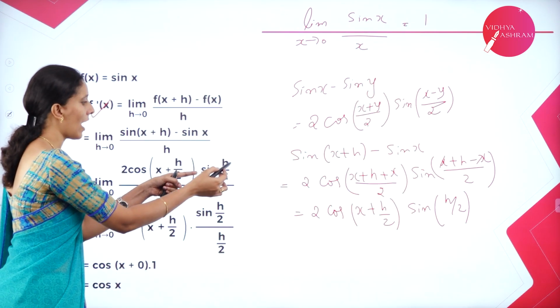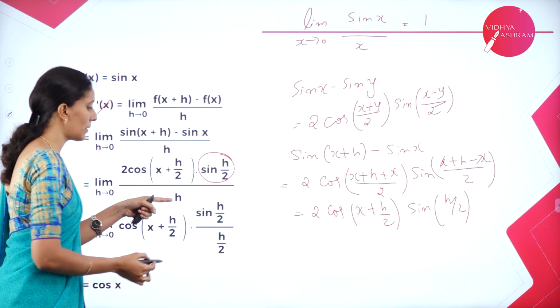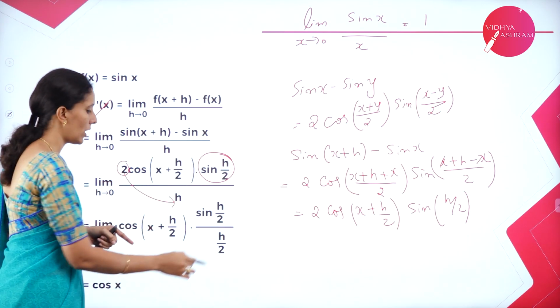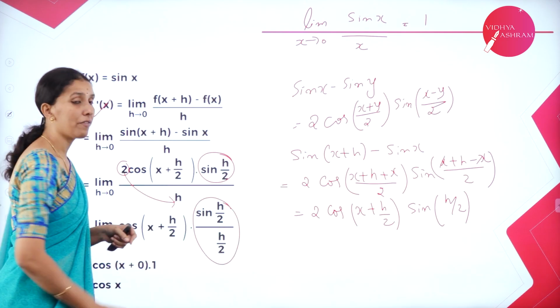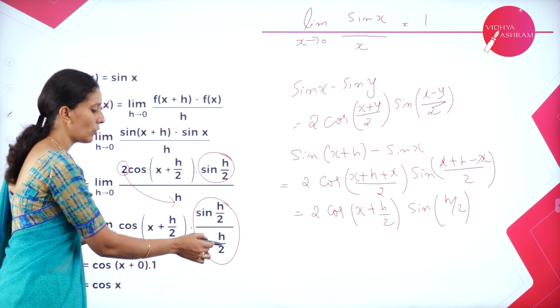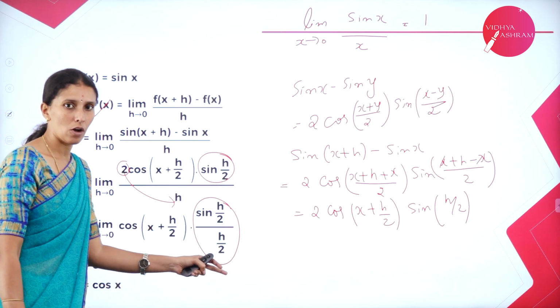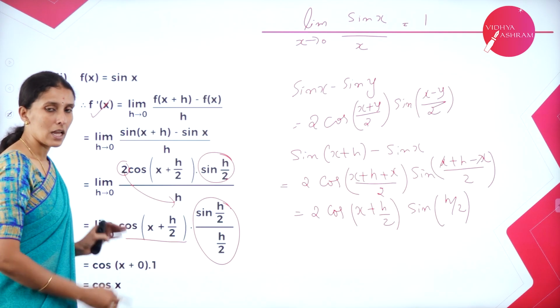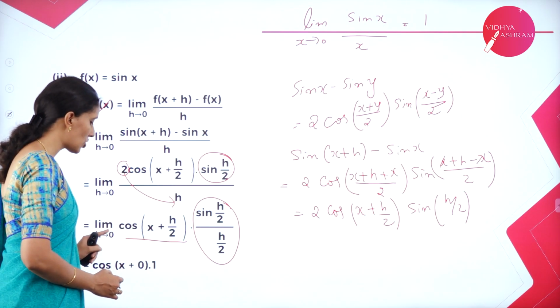Now here we have it in the form of sin x, but here the 2 is shifted in the denominator so that it looks in the form of sin x by x. So therefore, sin h by 2 separately you take in the denominator h by 2 and leave the rest of the thing separately. Now apply the limit as h tends to 0.